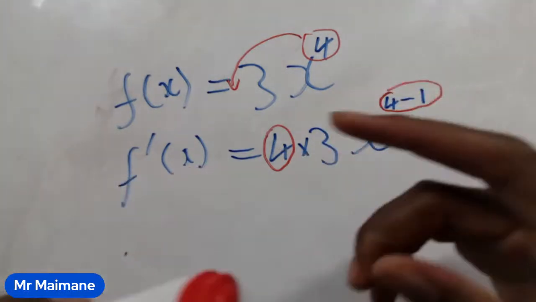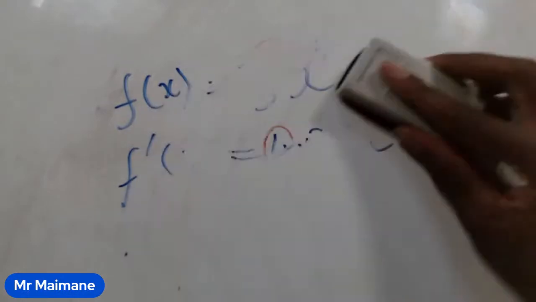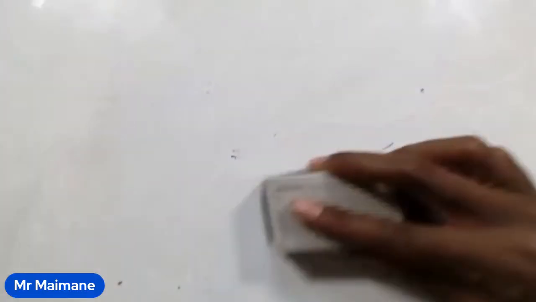But in this case, this is the revision class. We are preparing for exams. So I feel like, with this information, we can attempt the first question. Because the first question is this: they want us to differentiate that value there.